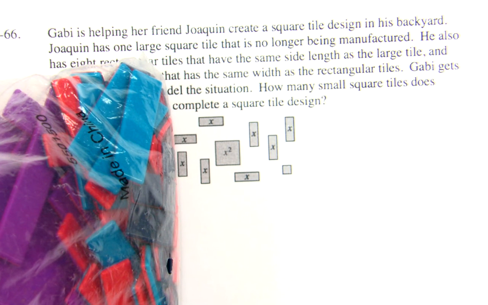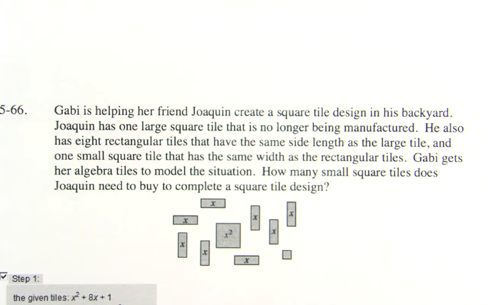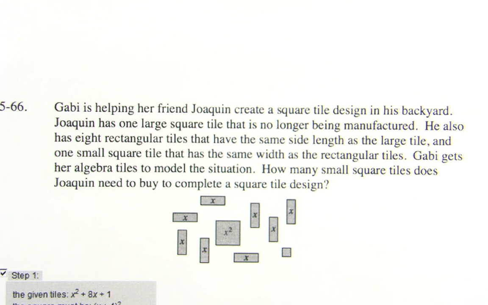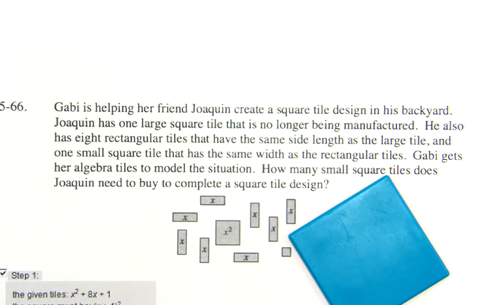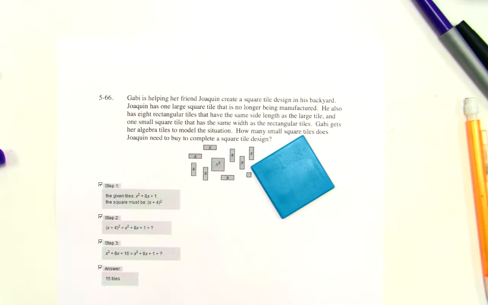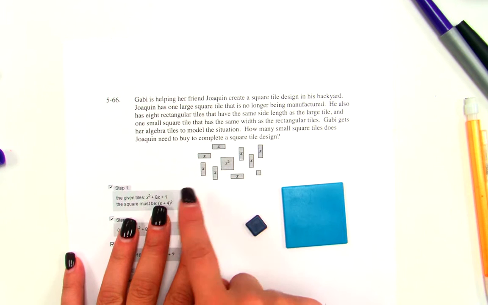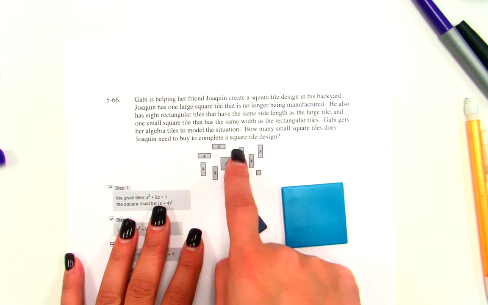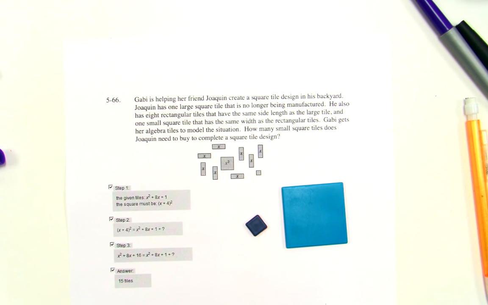Okay, so we have an x squared piece. There's my x squared piece. I'm going to zoom out. Okay, we have how many? One little tiny one piece, and oh my goodness, 1, 2, 3, 4, 5, 6, 7, 8. 8 of these guys.